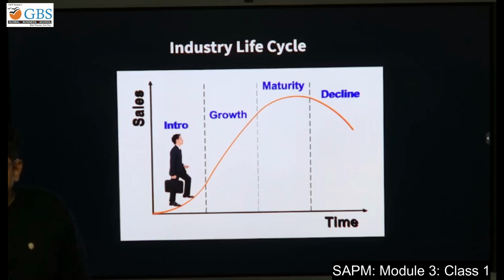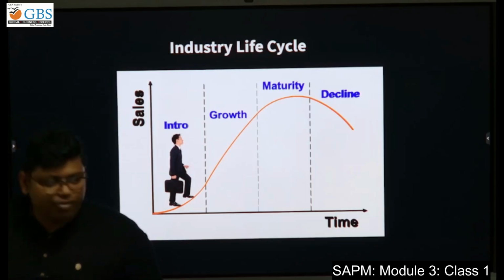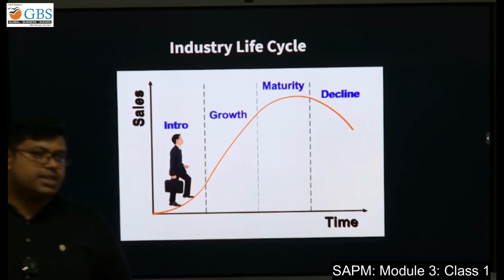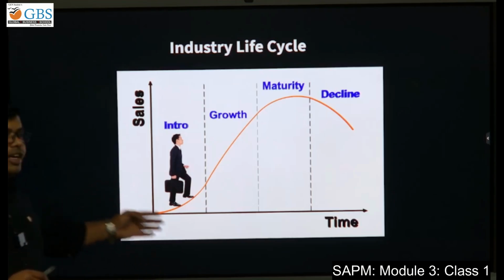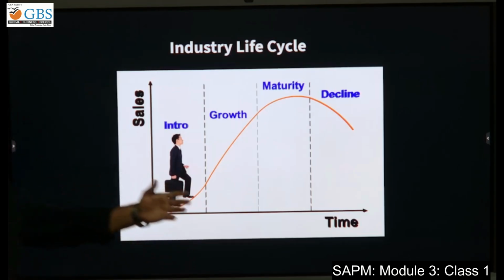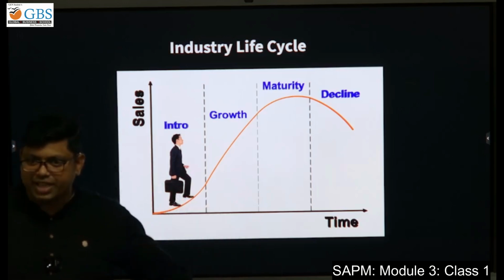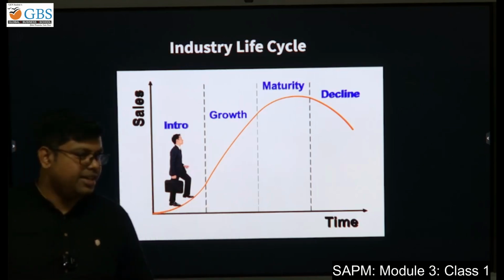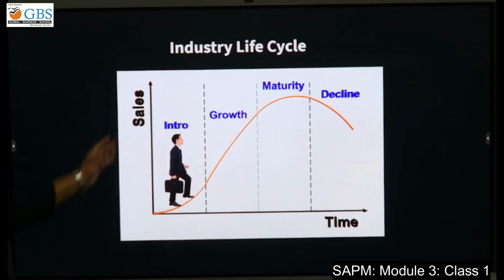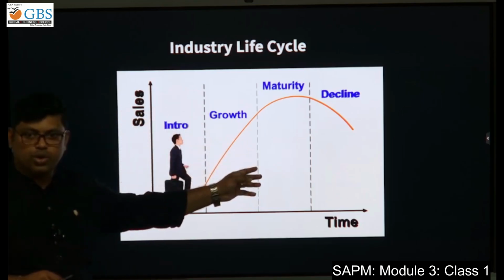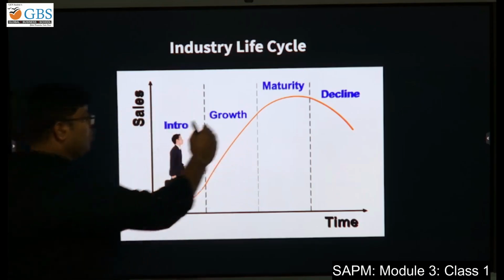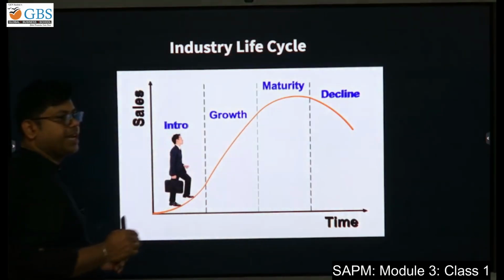See, any industry life cycle consists of 4 stages, starting with introduction, or it is also called pioneer. Okay, starting stage, infant stage, introduction. Then second is growth. There will be a very good growth in this stage.